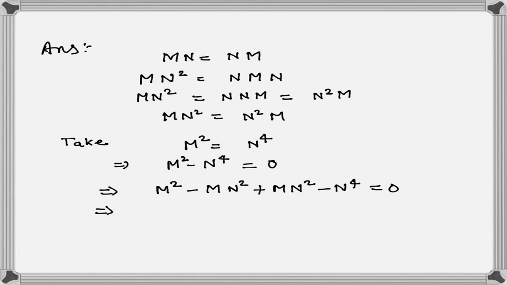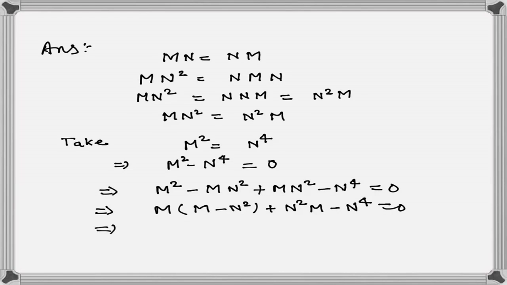This implies M I can take common here, then it is nothing but M minus N square. Here I will change MN square to the N square M from here. So I can write N square M minus N to the power 4 is equals to 0.